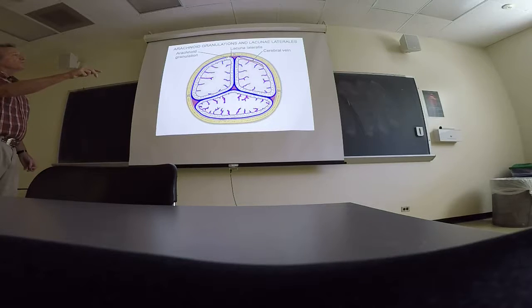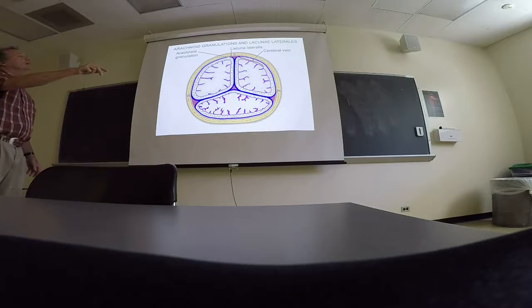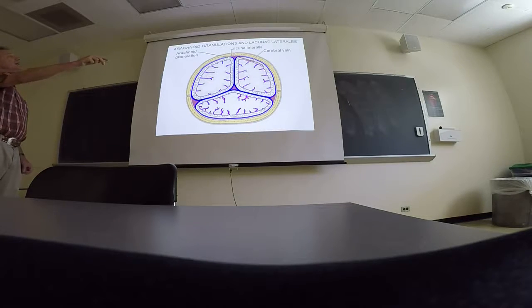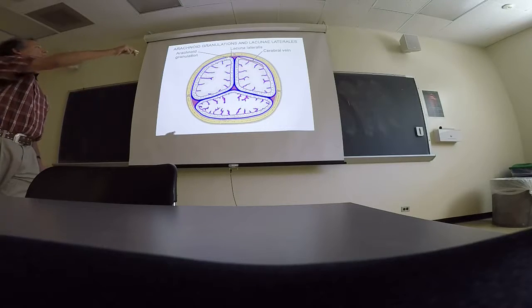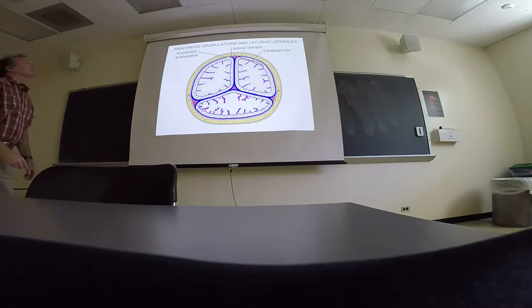Cerebral veins, the veins that are draining the blood from the brain itself, are traveling in the subarachnoid space. If you look at a picture of the brain with the dura off, you see a whole network of veins on the outside. These cerebral veins dump, up at the top at least, into this superior sagittal sinus.